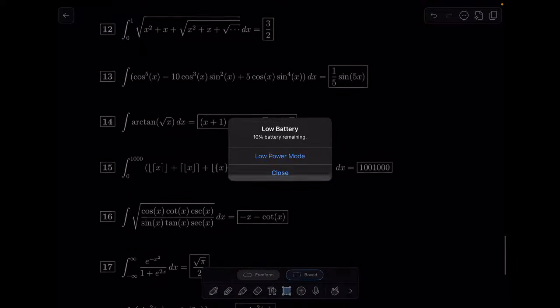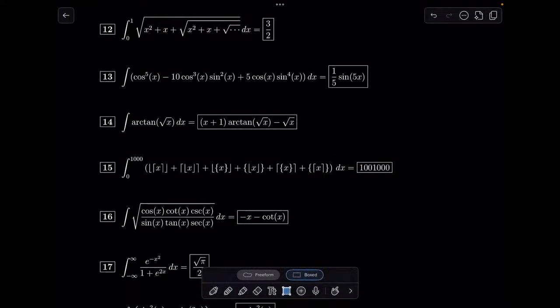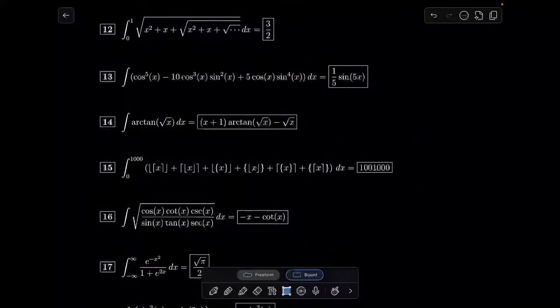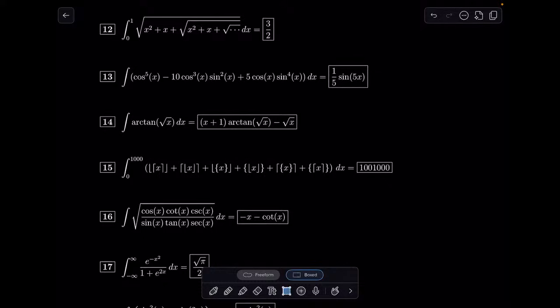Oh yeah, okay. Low power mode. I need to charge. Look at problem 14 and think of some good ideas for that problem, guys. What do you think will be helpful to solve the problem? Think of some good ideas for problem 14 and let me know.